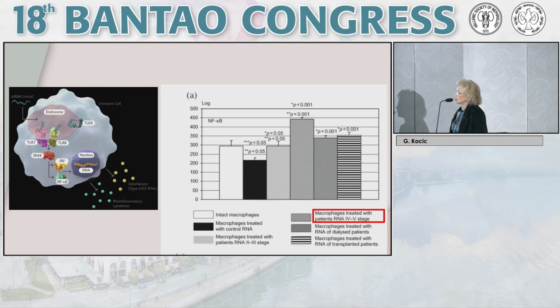The level of NF-kappa B was significantly increased, almost 2 times, in macrophage cells treated with RNA of patients in the 4th and 5th stage, while if macrophage cells were treated with control samples, where RNA was isolated from healthy controls, we can see a decrease.